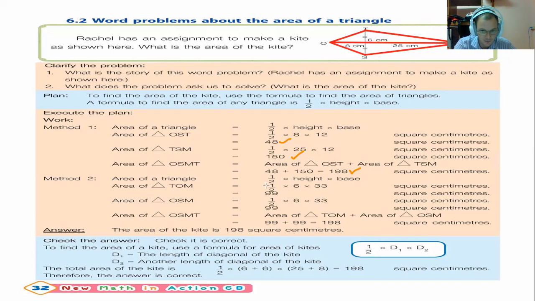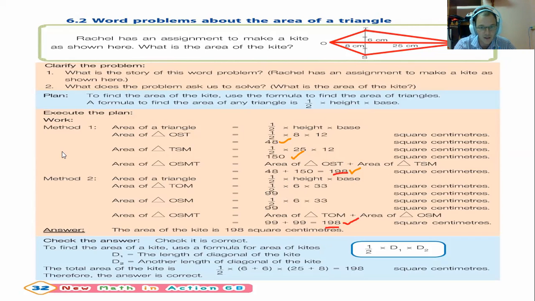So here is half times the height, which is 6, and the base, which is 33, which is the 25 plus the 8. Give us a total height. That will give us 99. So 99 plus 99 is going to give us 198, which is the same as in the first method.